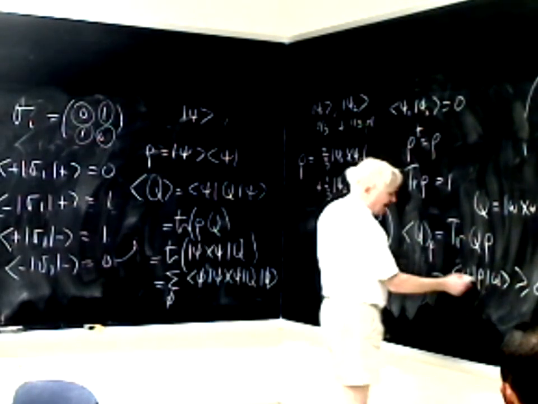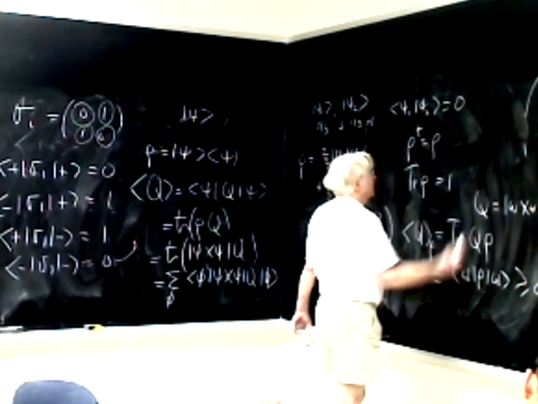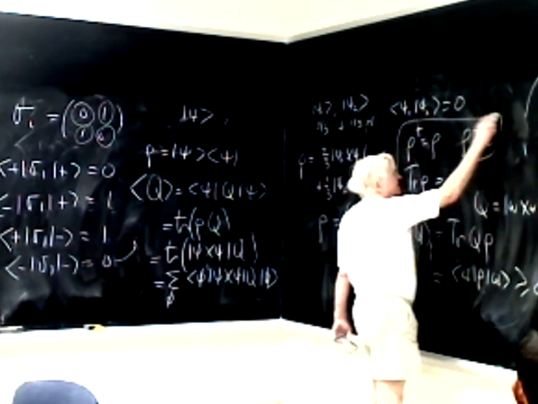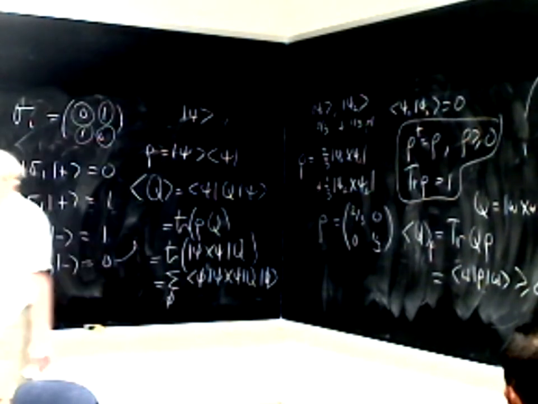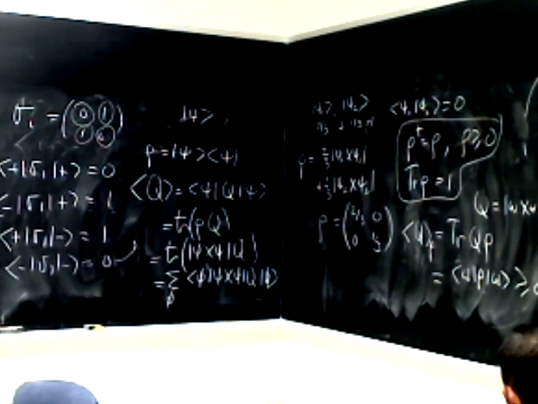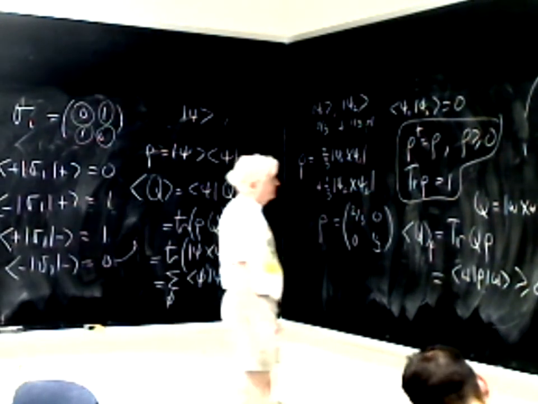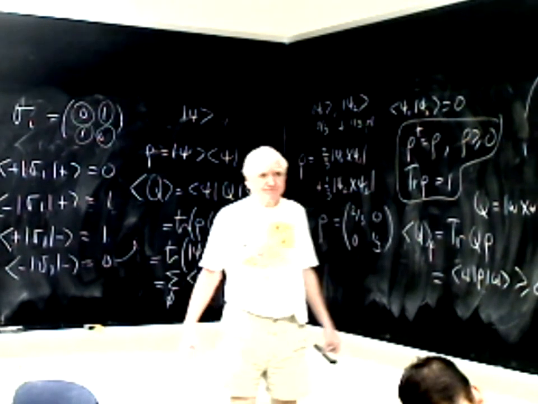That means then the diagonal elements of a density operator are non-negative, so the density operator is non-negative. These are the three properties that define density operators. Any linear operator that's Hermitian, non-negative, and has unit trace is a possible density operator. And in particular, it has to be square since it's Hermitian.